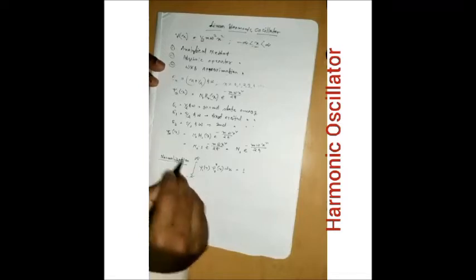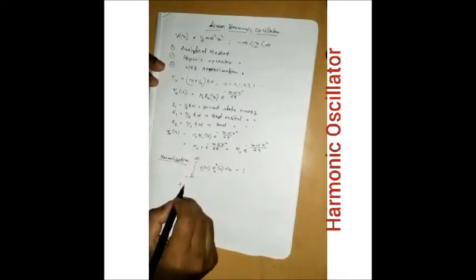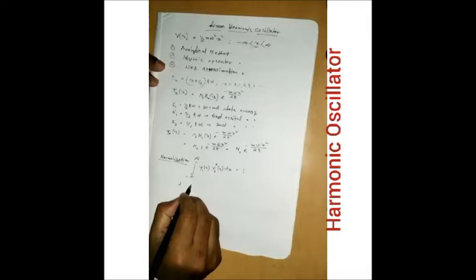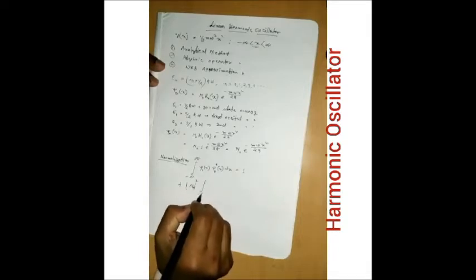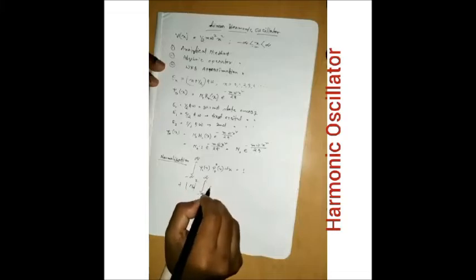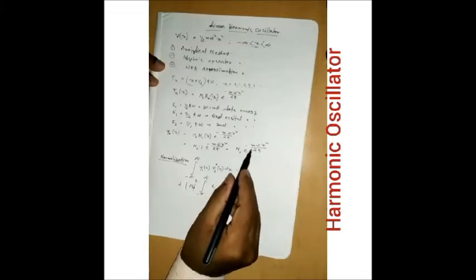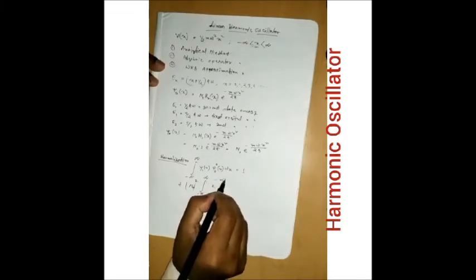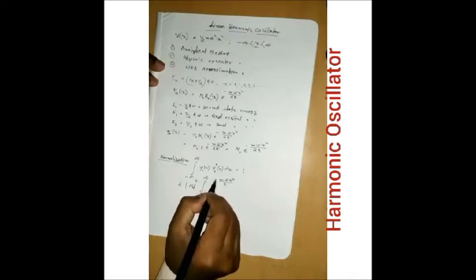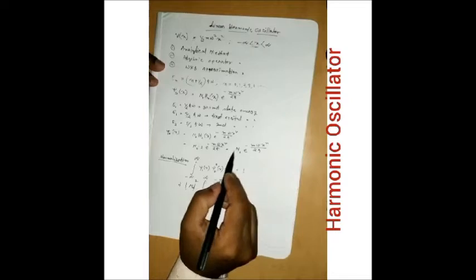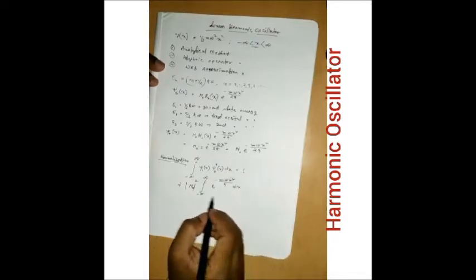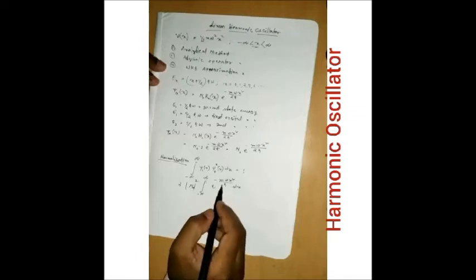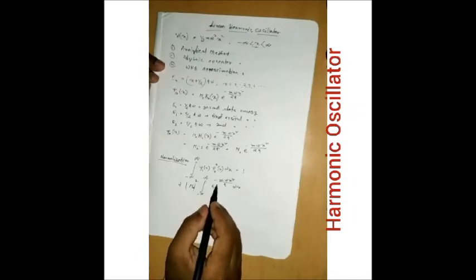So if I put psi0(x) and psi0*(x), one normalization constant will give N0 squared, so I am putting N0 squared here. Integral from minus infinity to plus infinity of e to the power minus mωx² upon ħ dx, because the 2 factors cancel each other. So this is a standard equation.